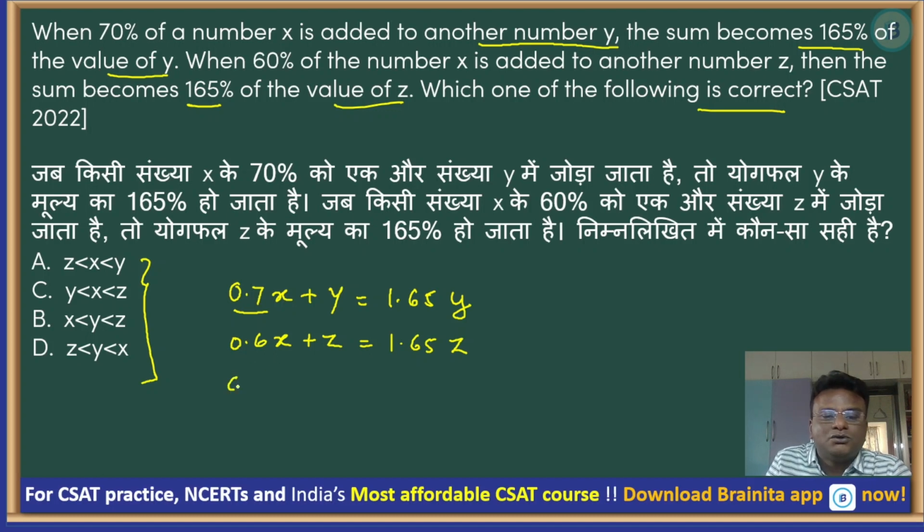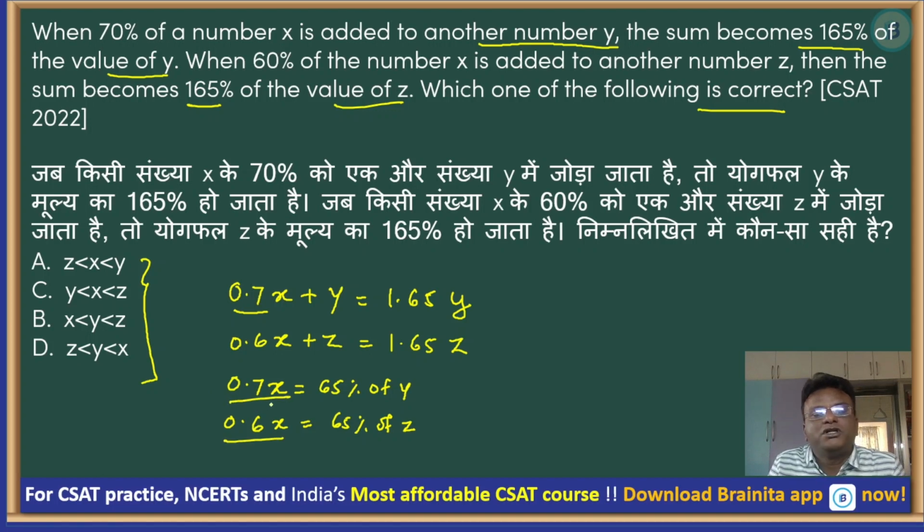So this increase is nothing but 65% of y, and this increase is nothing but 65% of z. So which value is bigger? Is 0.7 of x bigger or 0.6 of x bigger? Obviously 0.7 of x is bigger, right?